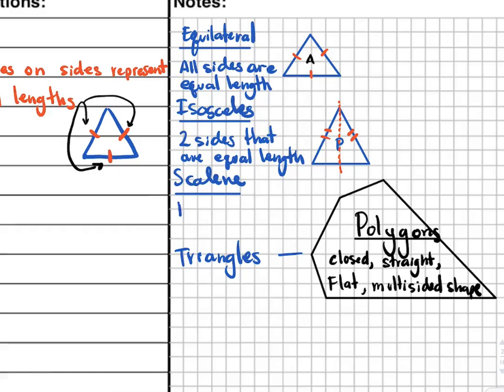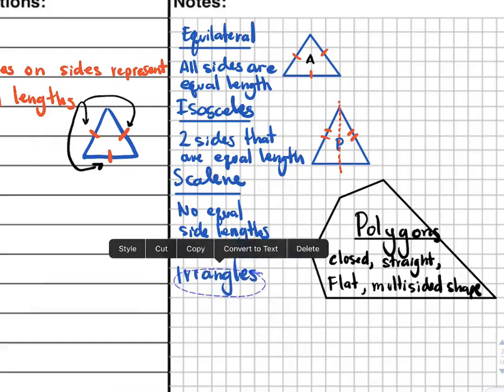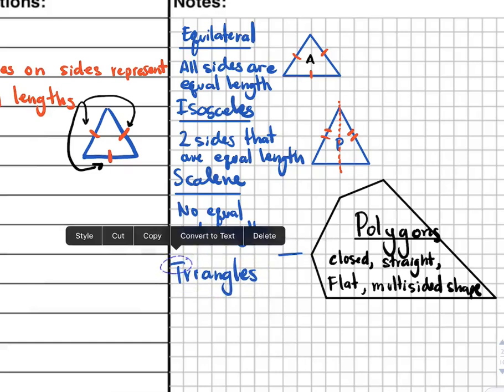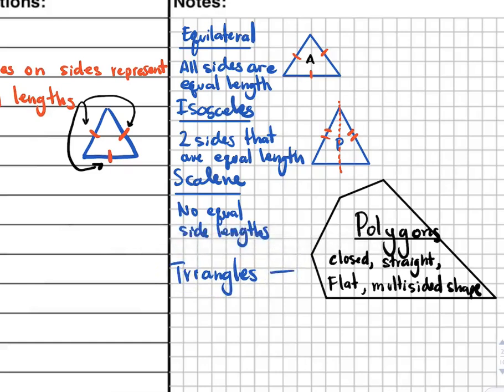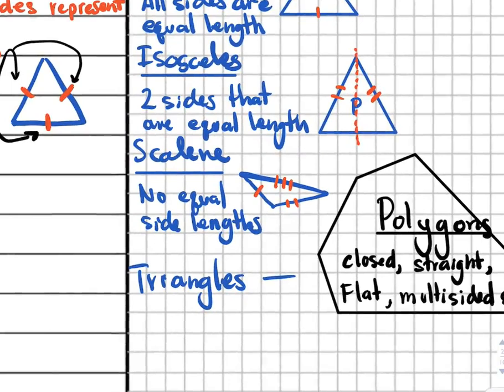Scalene is no equal side lengths. I know it's a little bit tight here. I know you guys can't move yours down, so hopefully yours had enough space, unlike me. I'm going to draw a really quick example, something that looks like this. All my side lengths are different, so I'll put 1, 2, 3, and it represents that none of them are equal to each other.